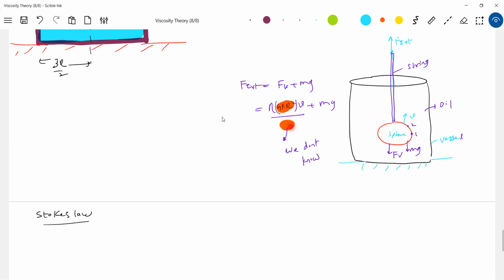We are not very sure. So it's not that easy in this chapter. If you're trying to drag different shaped objects through a viscous liquid, sometimes the area or sometimes this one will be very problematic. So to overcome this for a spherical body, Stokes law is brought here. This particular thing is what I'm going to address.